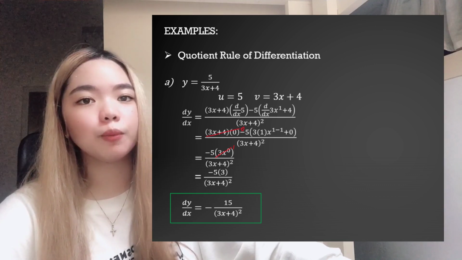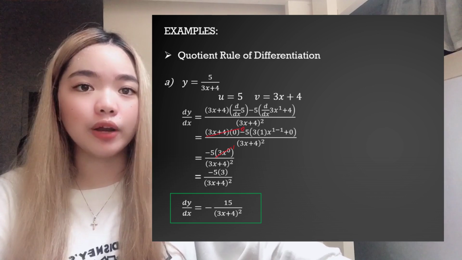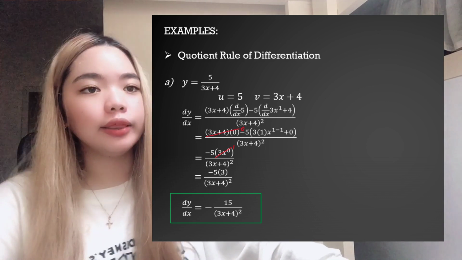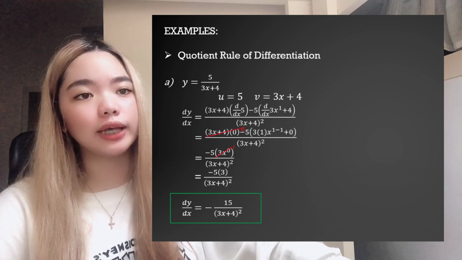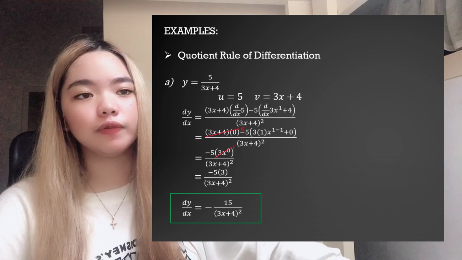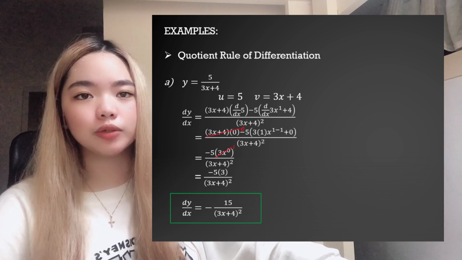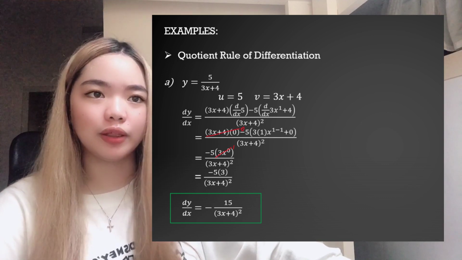Mind you that when we have this kind of constant number, this becomes 3x raised to 1. Then this becomes negative 5 multiplied by 3, all over 3x plus 4 raised to 2. And we get the derivative of negative 15 all over 3x plus 4 raised to 2. This is the final answer for this question.